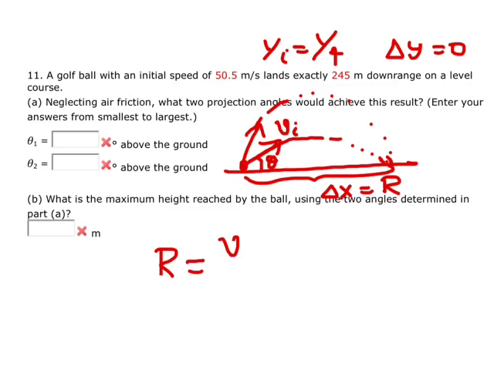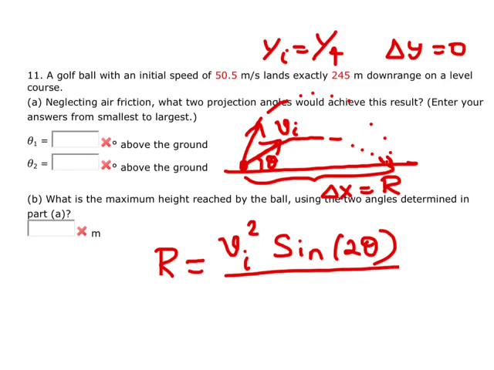But we were able to write it in this form, vi squared times sine of 2 theta divided by g. I just want to remind ourselves that the vi here is the initial speed of the ball, not the x or the y component, but the magnitude of the initial velocity vector, times sine of 2 times this angle, and g is 9.8 without the minus sign, because the minus sign was already absorbed in the equation, right?